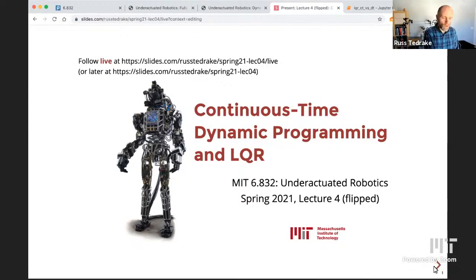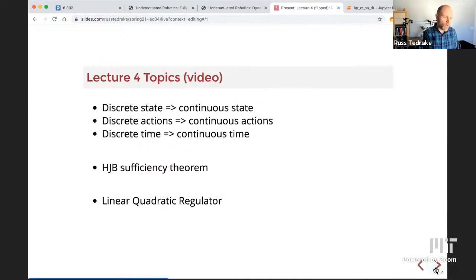So the goal for lecture 4 was I went through these topics. We had started off on Tuesday talking about the fully discrete graph search version of dynamic programming. And then we worked our way from the purely discrete, where it's pretty simple to think about, at least in my head, and then transitioned over into the continuous.